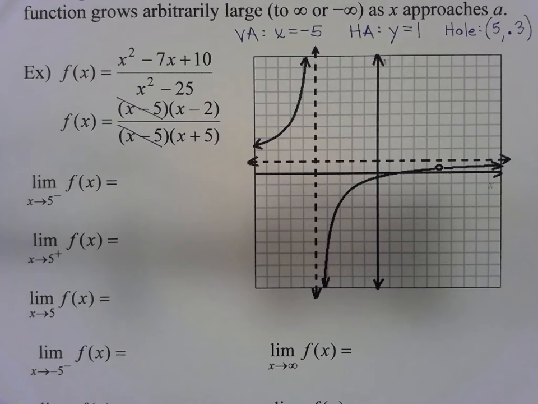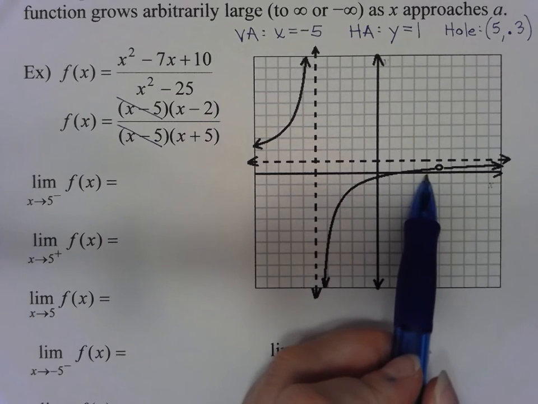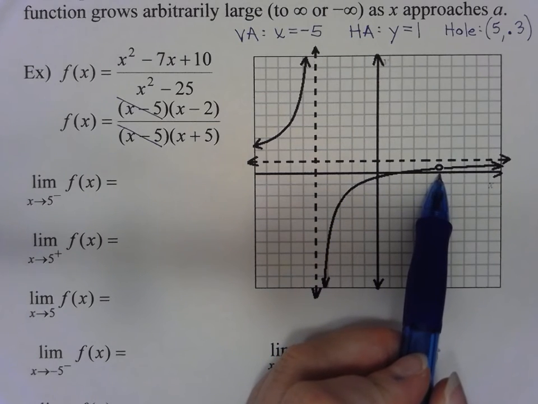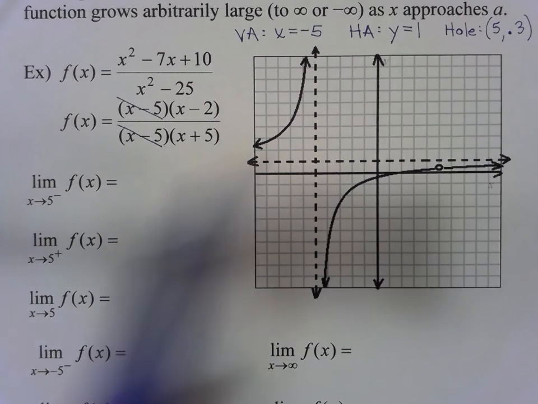Okay, so now that we've got all of that, let's look at a few limits. The first one here is the limit as x approaches 5 from the left. As I'm coming from the left towards 5, my y value is getting closer and closer to my hole, which has a y value of 0.3.